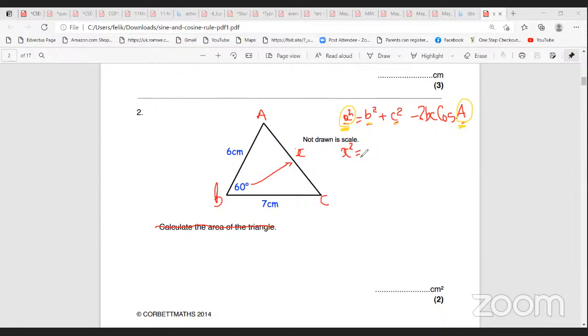We don't necessarily need to look on the labeling. b and c is any of the other two sides. Remember that common letters are sides, so it doesn't matter which one you call b, which one you call c.